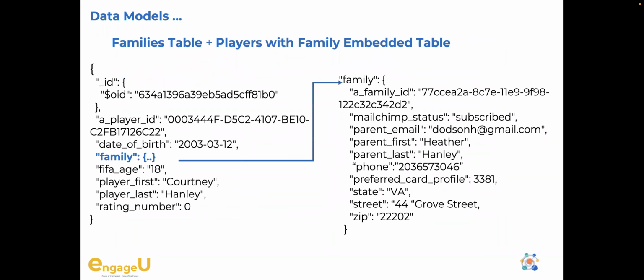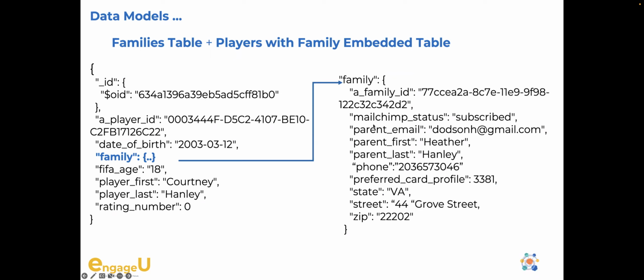The last one we're going to look at was the families table. We use the one we talked about before, basically this method, which is a families table and then the player with the family attached table. And we can actually keep building that table and update it.